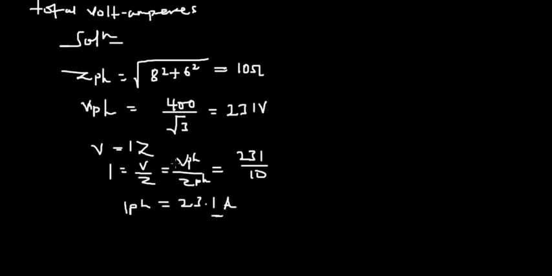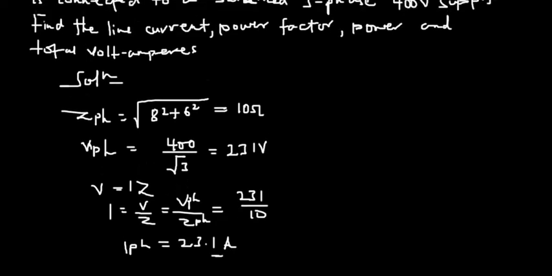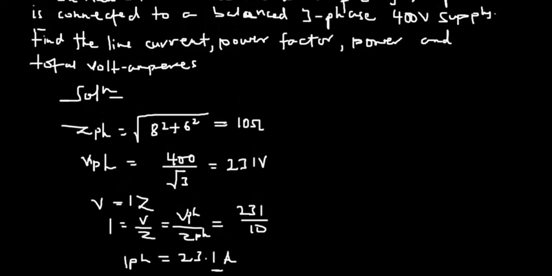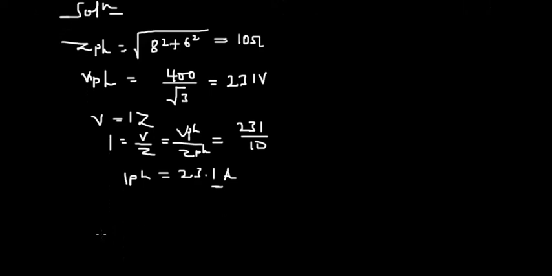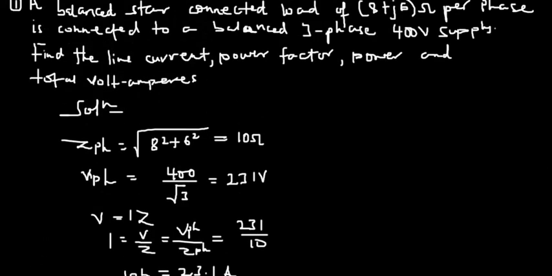Right? So we can now go ahead and calculate our line current, power factor, power, and total volt amperes. So now we have I, we are calculating the line current.